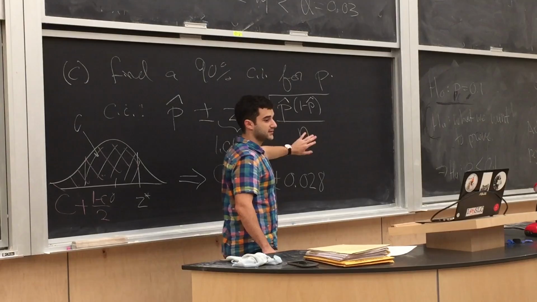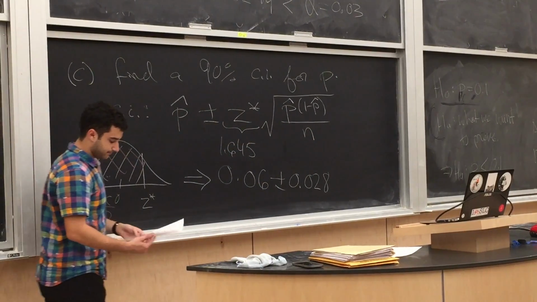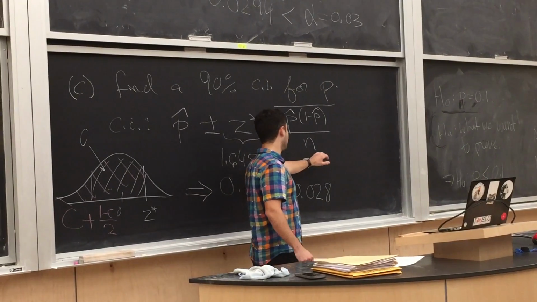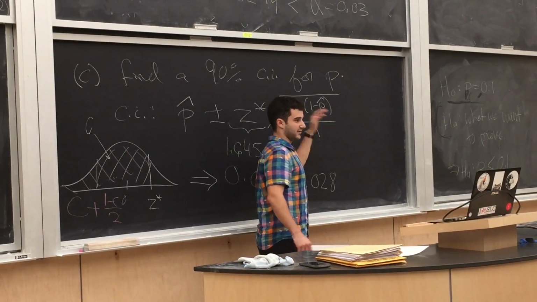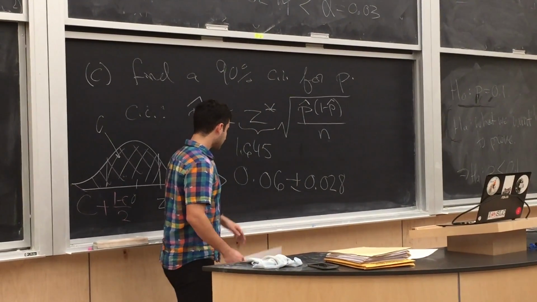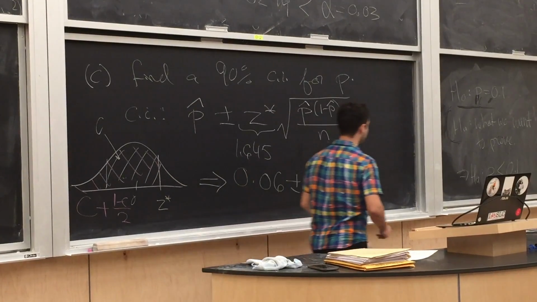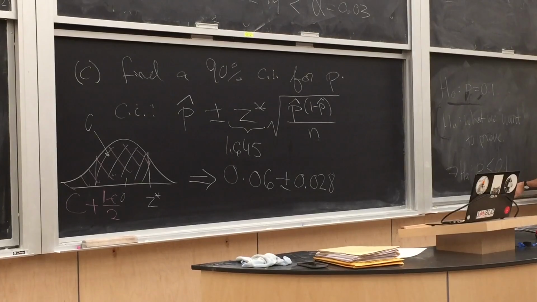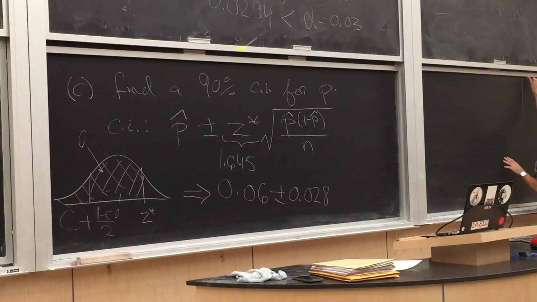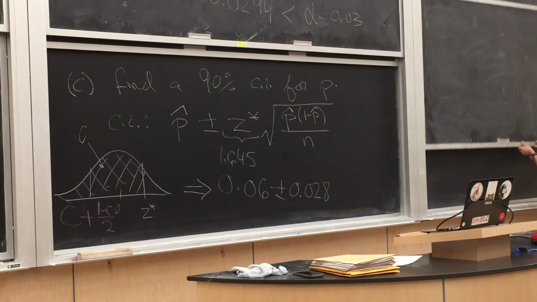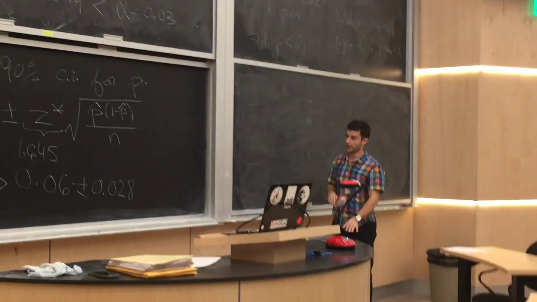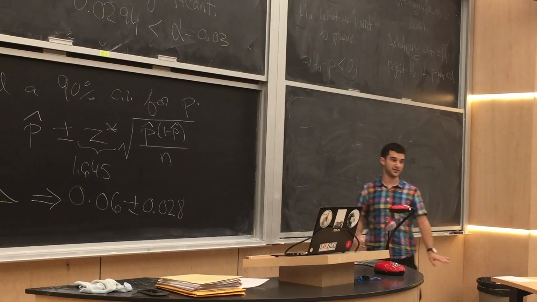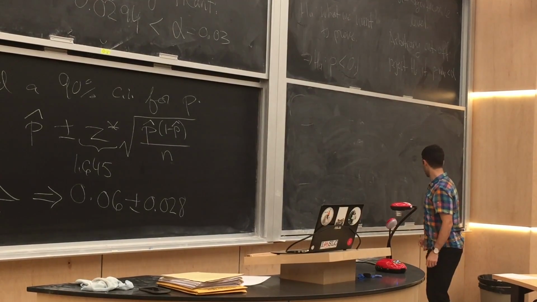For instance, maybe you're the potato chip company and you want to look into different potato suppliers. Let's say we want to find a confidence interval that is narrower without sacrificing on the confidence level.